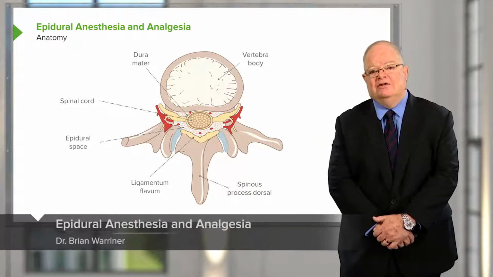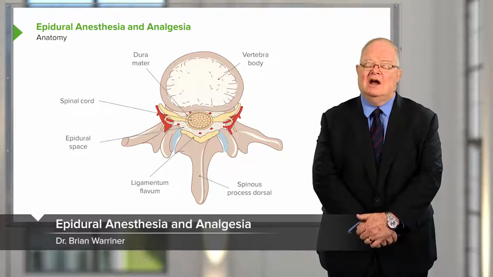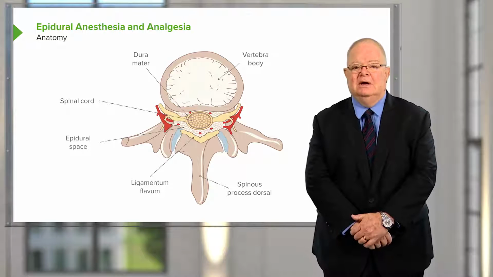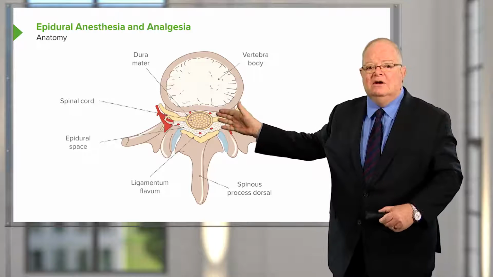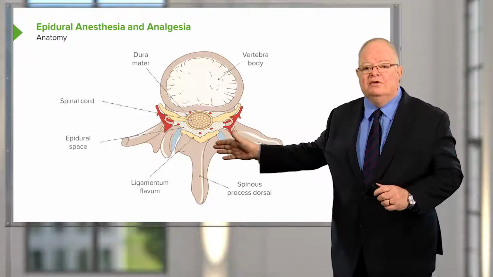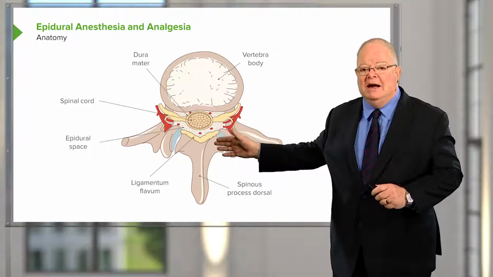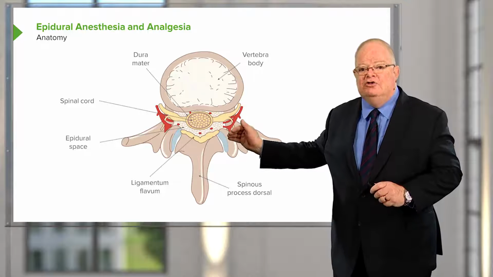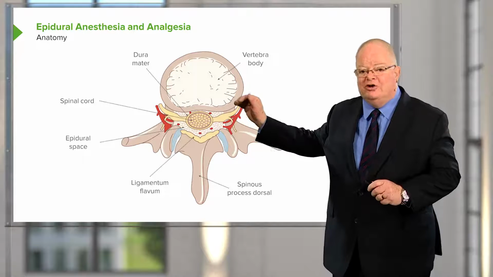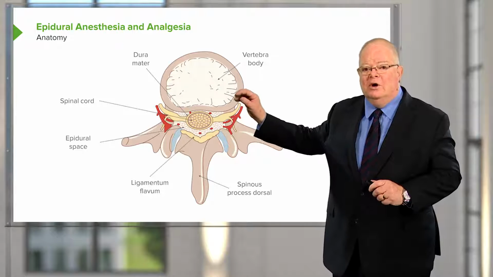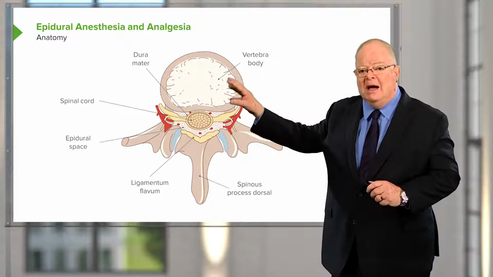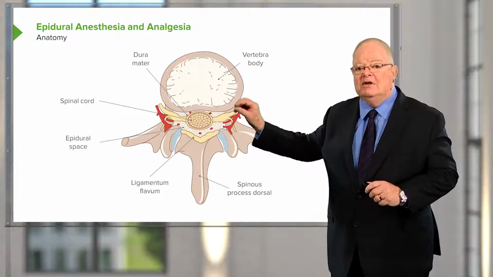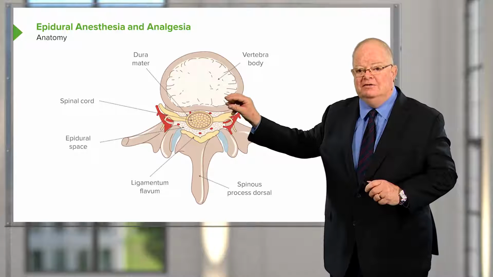So epidural anesthesia, and this is a slide to give you some idea of the anatomy of the spinal cord. And you will see as you look at the slide, on the lower portion of the slide is the dorsal spinous process of the vertebra. And just interior to that, going towards the large white object at the back, which is the body of the vertebra, you pass through a number of ligaments and the spinal column itself.